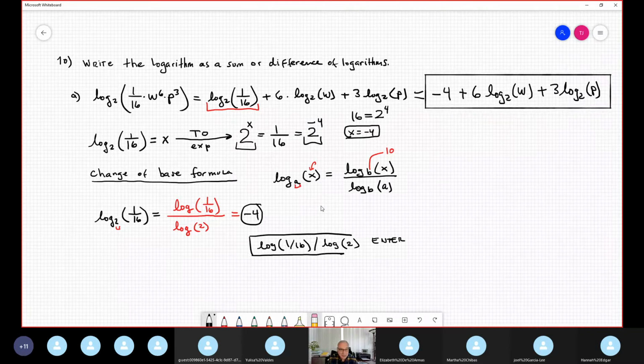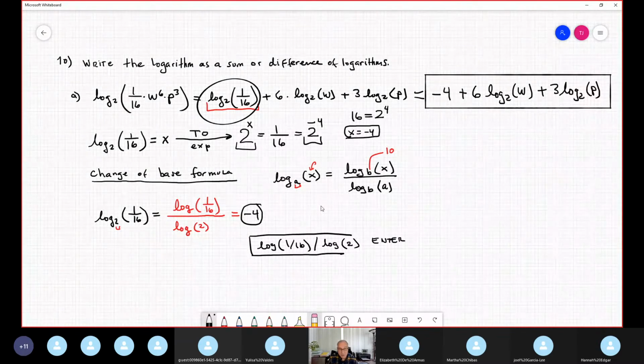Okay, so if you leave it like that, you have half of the credit. Always, the numerical part can involve a logarithm, and you need to compute the value. This is the idea. Any question?